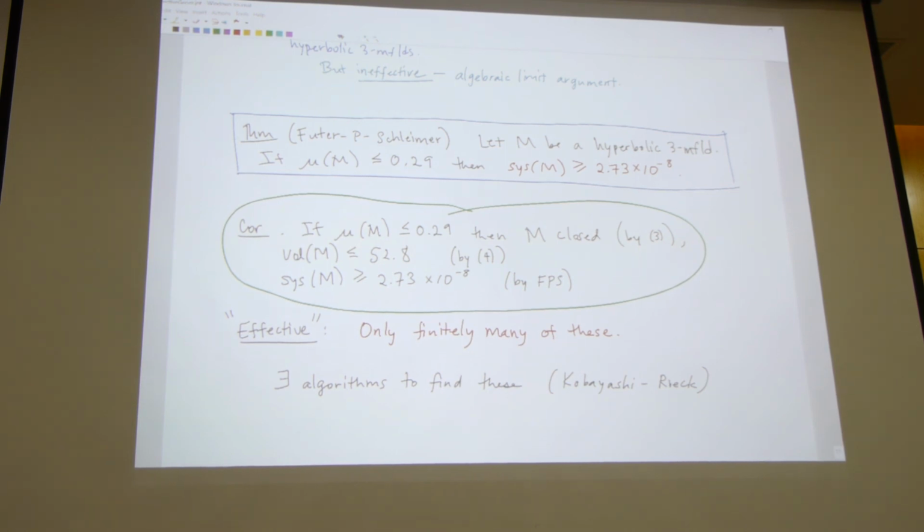I haven't looked into the numbers carefully, but if we just look at 17, 18 crossing knots, there are millions and millions of them. If we allow links, then there are even more. It's a lot of work. Maybe we can get somebody started working on it, and you can prove that maybe 0.29 is a better Margulis number now.